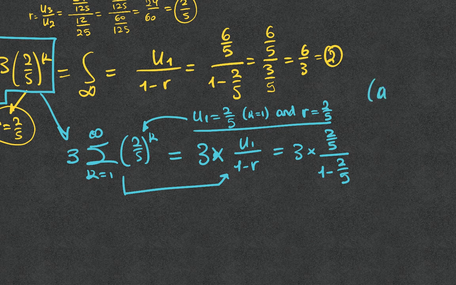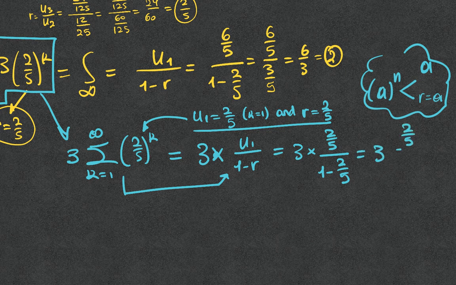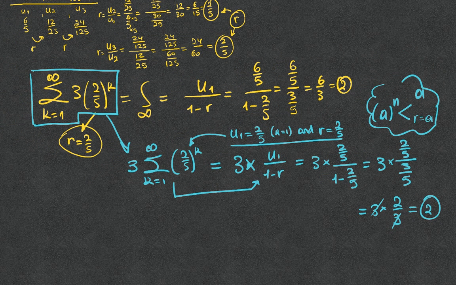Anything in the form a to the power of n is going to have a first term which is a, and a ratio which is also the same a. So that's a very convenient format for us to see things. That's going to end up with 3 times 2/5 at the top over 3/5 as the denominator. That's going to become 3 times 2/3. If you cross out the 3 with the 3, the answer is going to become 2. Way faster, a super nice way of answering geometric sequence questions.